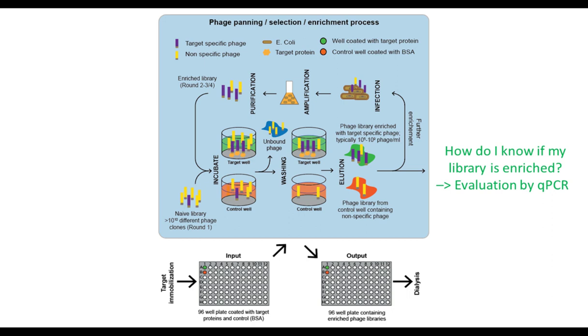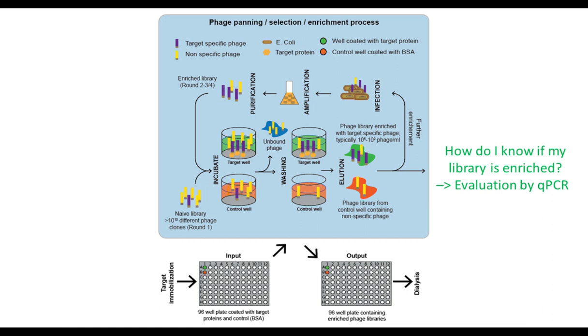So after you wash it away, what you would like to see is in the control well, non-specific phage that is bound to the well and BSA and pretty much anything that's also in the target well, with the exception of the violet phage here that is target specific. So theoretically, if you subtract those 2 from each other, you should only end up with the violet phage.